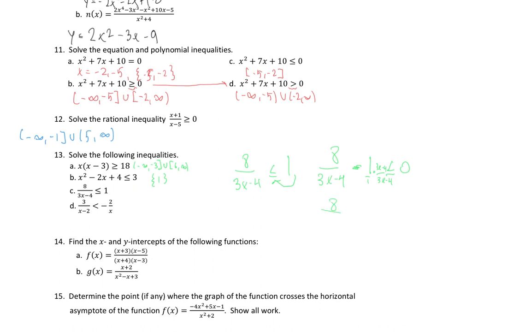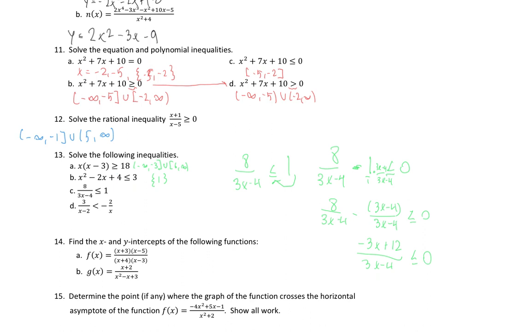I'm just writing it in a way that will allow me to add. So when I go ahead and I subtract these, 8 minus 3x minus 4, we'll get a minus 3x on top. Then 8 minus 4 is going to become 8 plus 4, which is going to be 12.